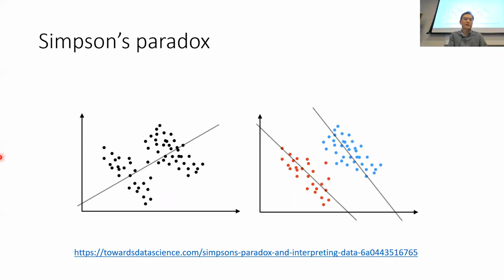I want to mention Simpson's paradox. If you consider all the data points as one group of samples, you think the two variables are positively correlated. But if you know these samples can be classified into two groups, and you look at each individual group separately, you see that the two variables, x and y axis, are actually negatively correlated.